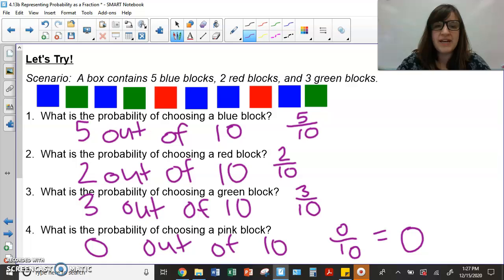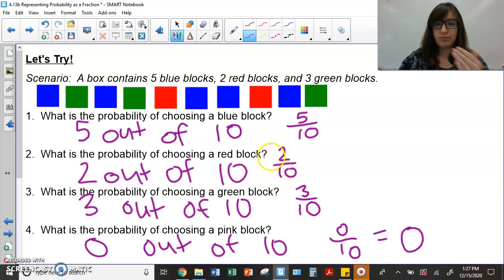So when I look at these, I can use words to represent these as well, because this 0 right here, that means it's impossible, right? To choose a pink block, I can represent it with numbers. I can say there's a 0 out of 10 chance that it gets picked, or I could say it's impossible. Both of those represent the same thing. For my red or my green, there aren't very many red or green.